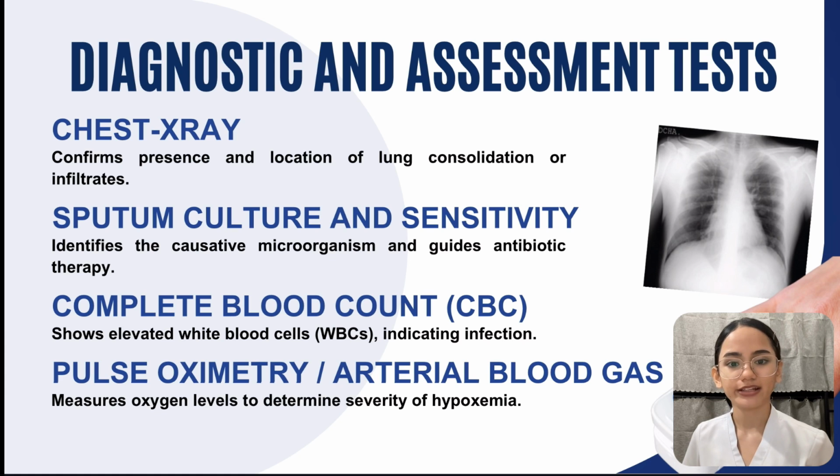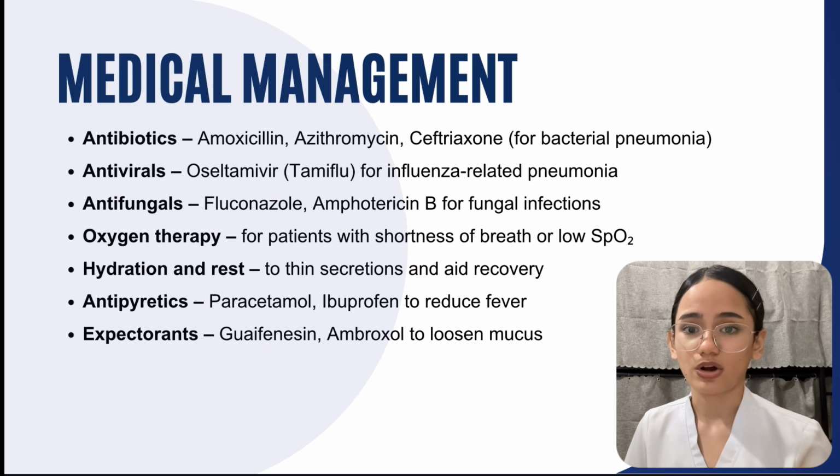So if it's higher than 11,000, that means your body is fighting off an infection. Last, we have pulse oximetry or arterial blood gas analysis, which checks for oxygen levels in the blood. So, if there is a drop in oxygen or hypoxemia, this means that gas exchange is impaired by inflammation and fluid buildup. For medical management, treatment depends on the cause.